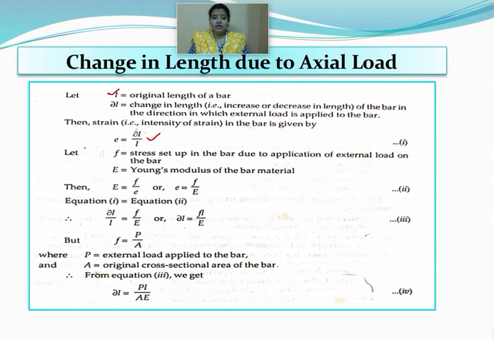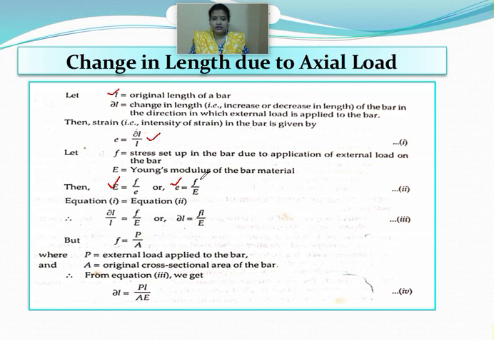So from here I get an equation: modulus of elasticity is stress by strain.